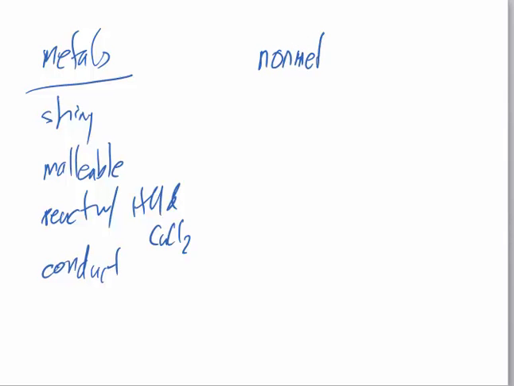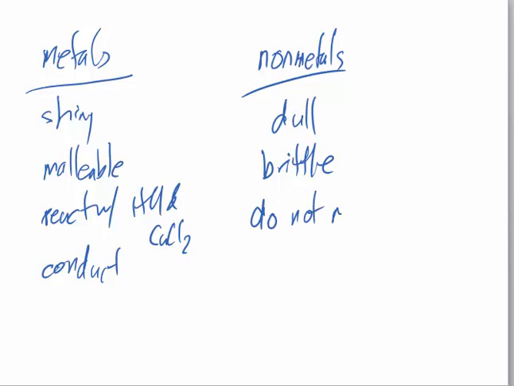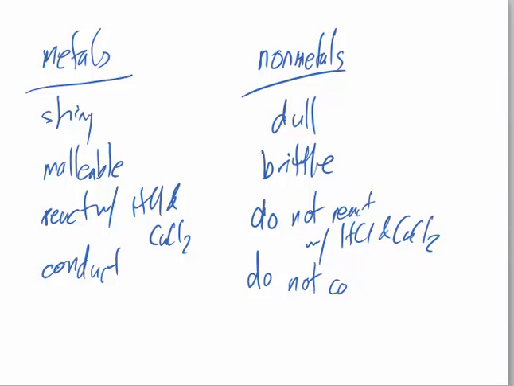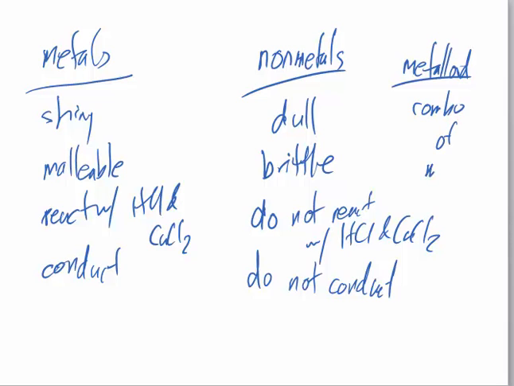Nonmetals are dull, they're brittle, they do not react with HCl and CuCl2, and they do not conduct. Now with metalloids, it's going to be some combination of both. Some combination of metal and non-metal properties.